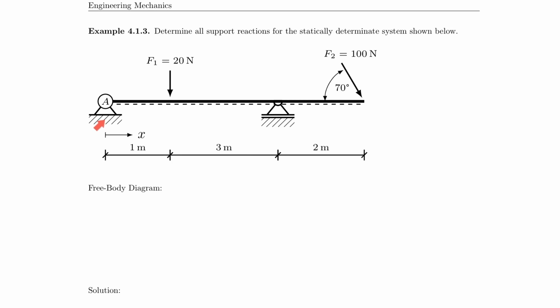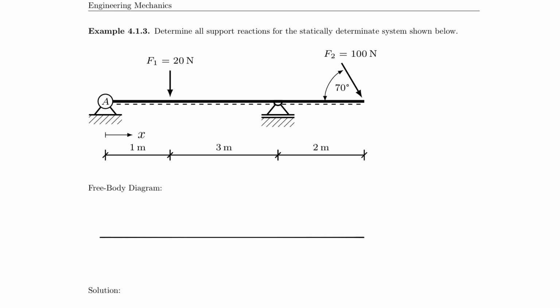So we have the pin here on the left side, we have the roller or slider on the right side, and we have an overhang here, which makes the problem interesting because now you have to be careful in which direction it rotates. But let's take a look at it and draw the free body diagram real quick. So the free body diagram would look as follows.